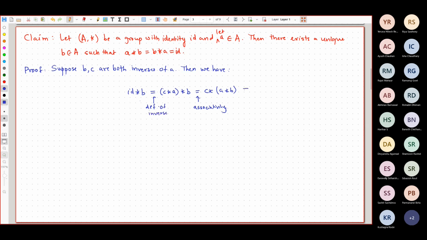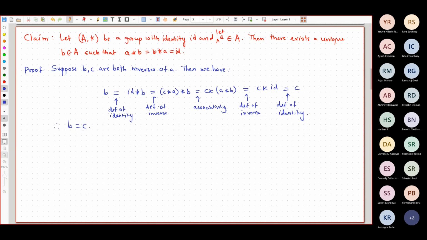And similarly over here, by definition of inverse, you just get C star ID. And now by definition of identity, this is just B. And this by definition of identity is just C. Right, so therefore B is equal to C.